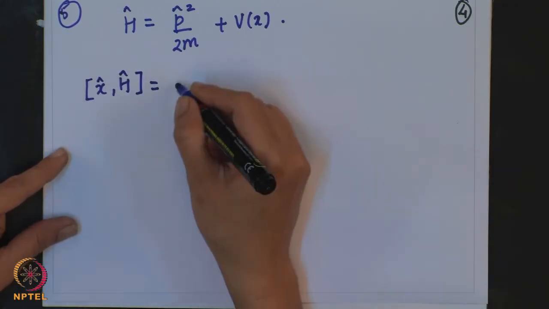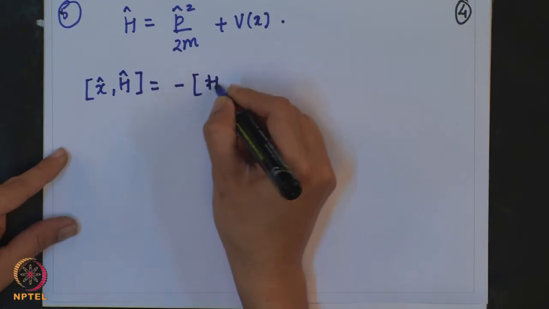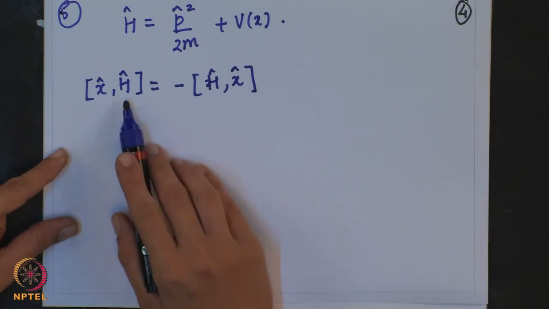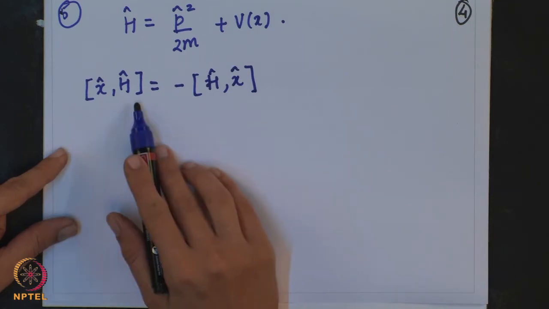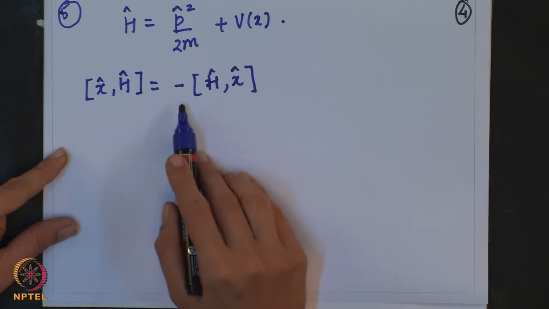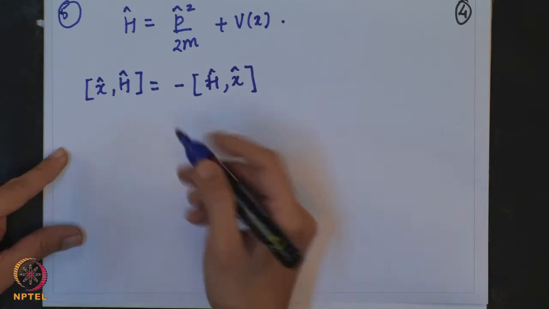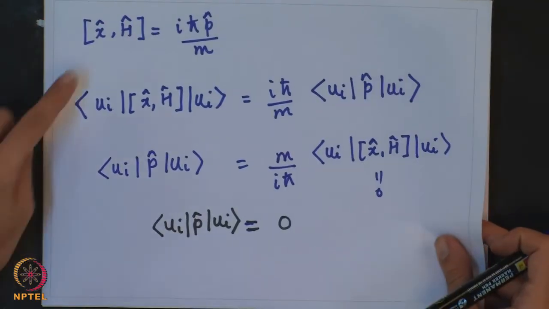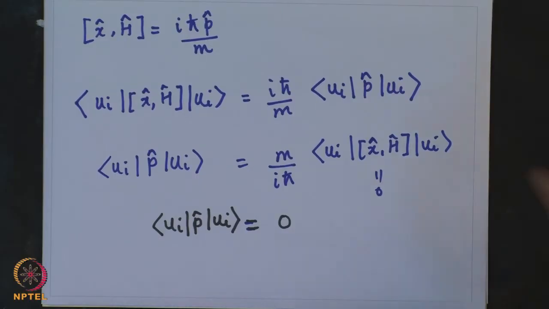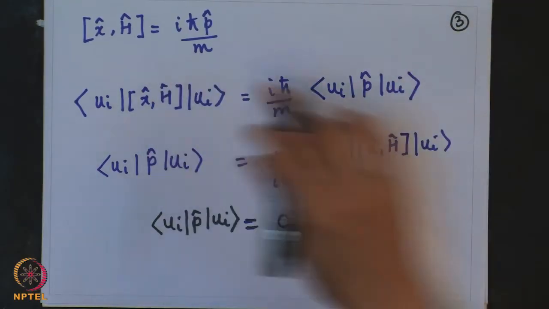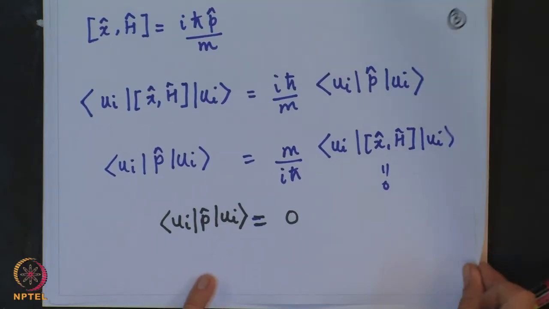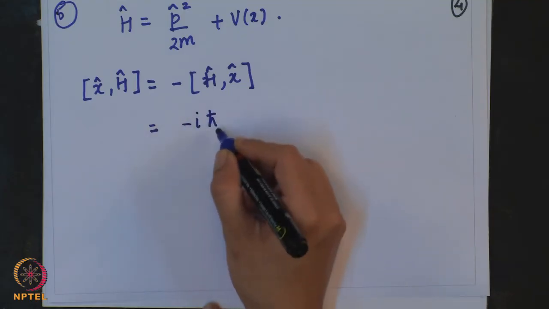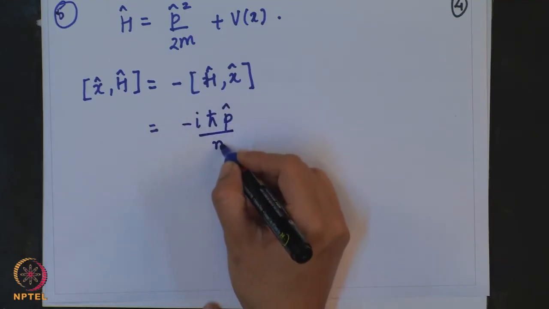If I interchange the commutator operators, then the sign would change. So, I had in the previous example the commutator of x and H as iħ p/m. Now it will become minus iħ p/m.